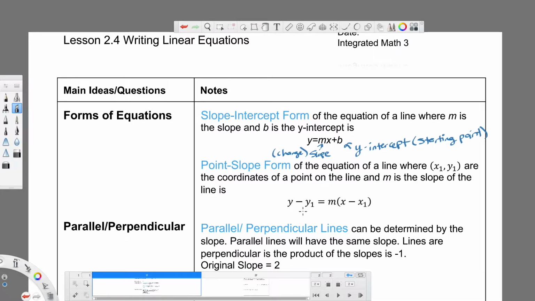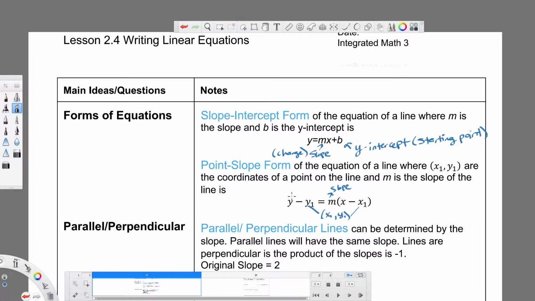So here we have the equation y minus y1 equals m times the difference of x minus x1, I should say. So again, we have slope. And this time, we're not given the y-intercept, we're given a point. So we're given a point, which is x1, y1.